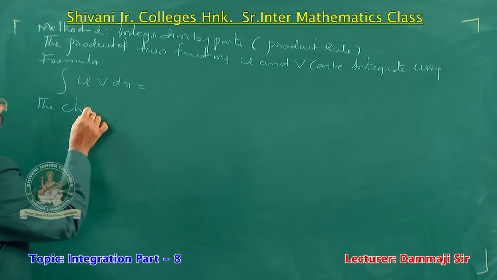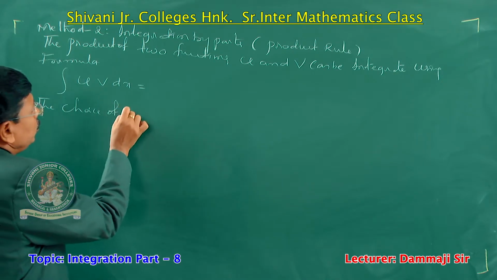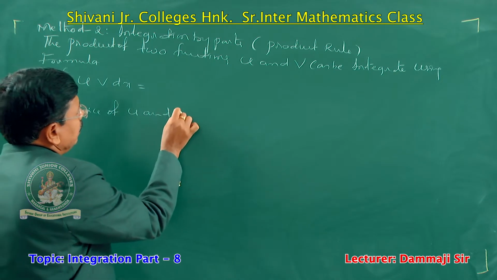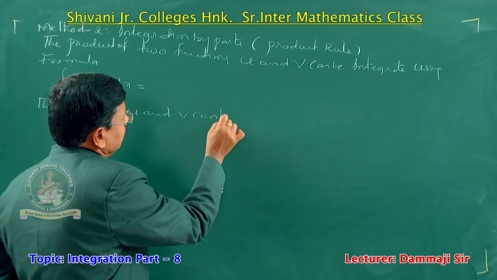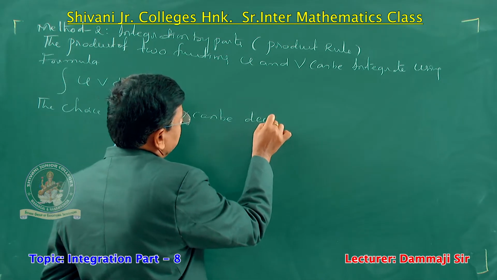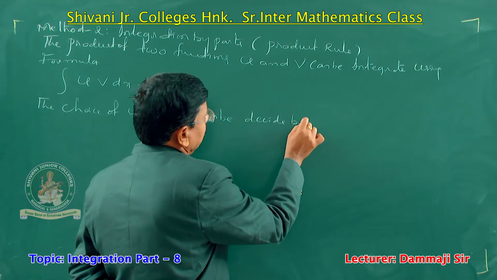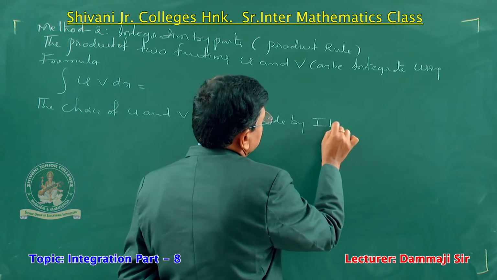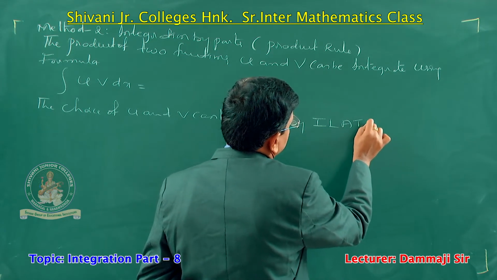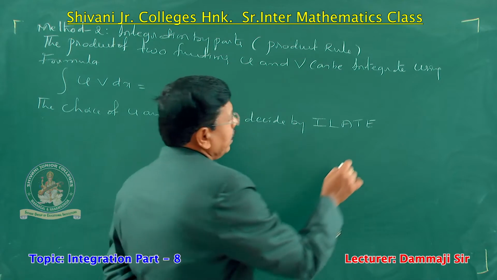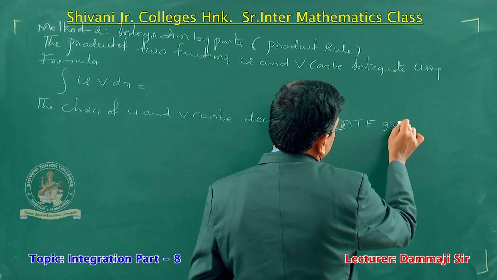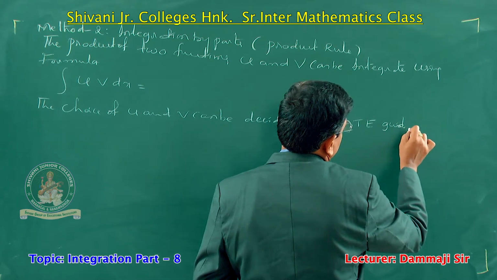The choice of u and v can be decided by a guideline, the method called ILATE.